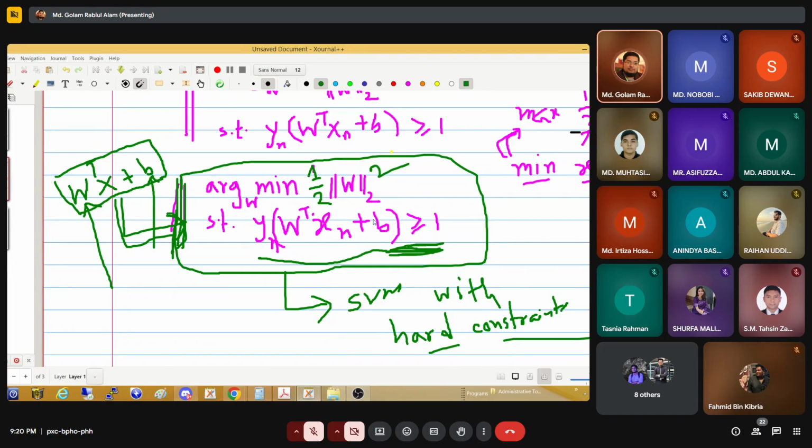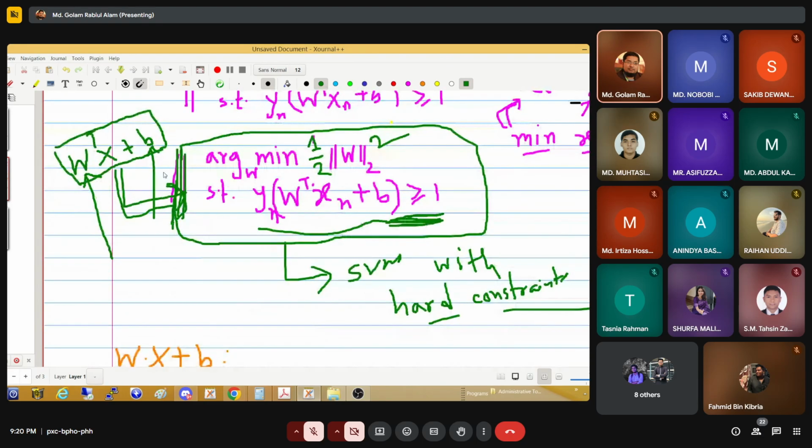Now we want to solve this optimization problem using the Lagrangian method. So we will apply the Lagrangian method to find the optimal value of W. Then how can we solve this utilizing Lagrangian?